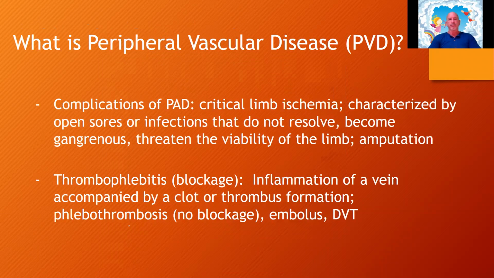Now, PAD is peripheral arterial disease. That is when the artery is blocked, and that is different from when the veins get plugged, because in order to keep the blood from flowing through an artery, something has to block that artery.